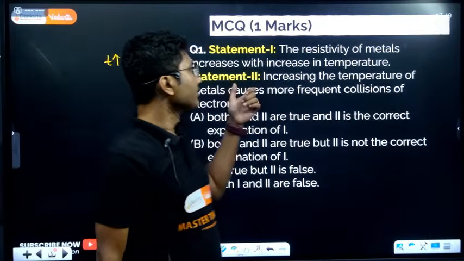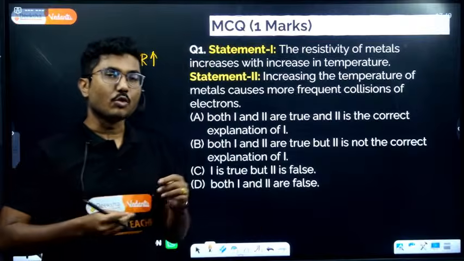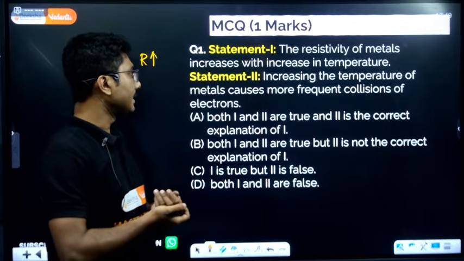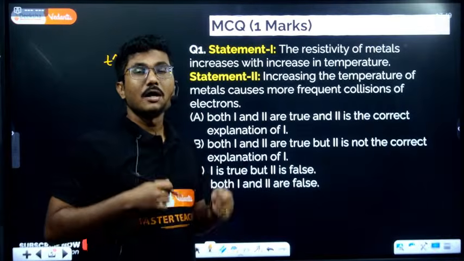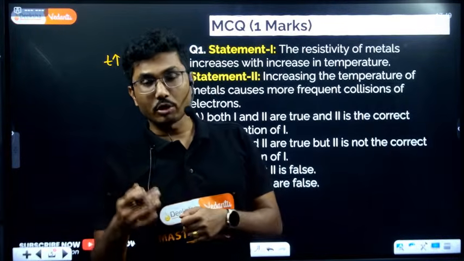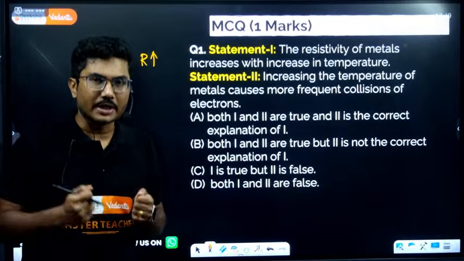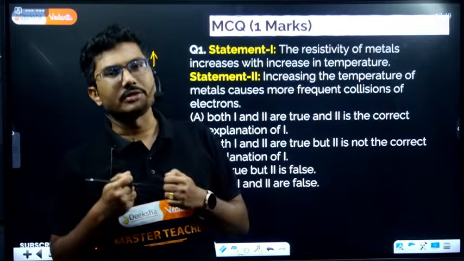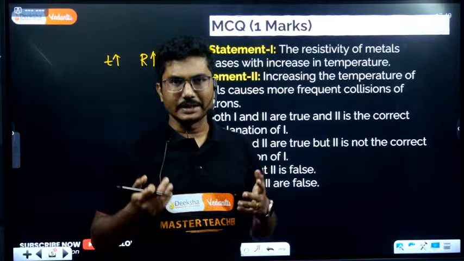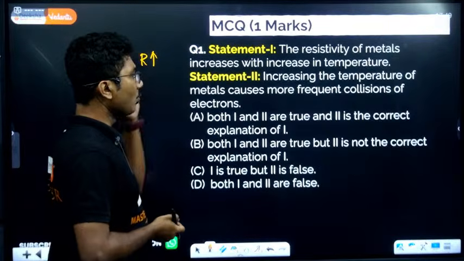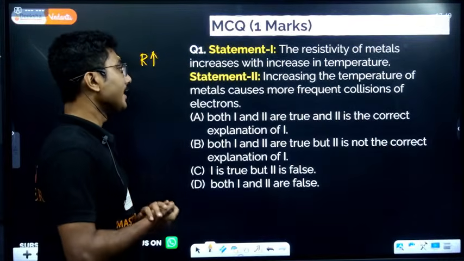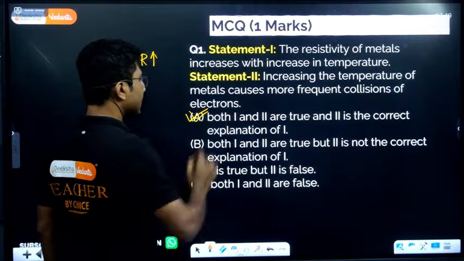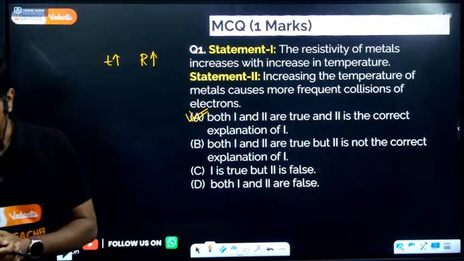Because as you increase the temperature, the electrons are colliding more frequently, their kinetic energy increases, and as the kinetic energy increases, they are prone to more collisions, and more collisions means slowing down, means current is flowing slowly, and current flowing slowly means definitely resistance is increased. So obviously statements 1 and 2 are true, and 2 is the correct explanation of number 1. So option A is the correct option.